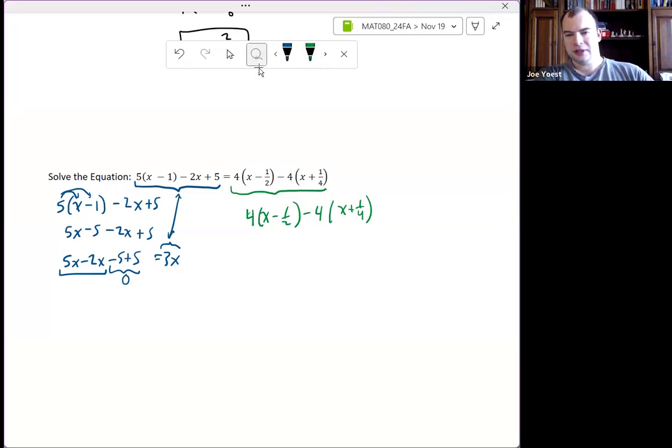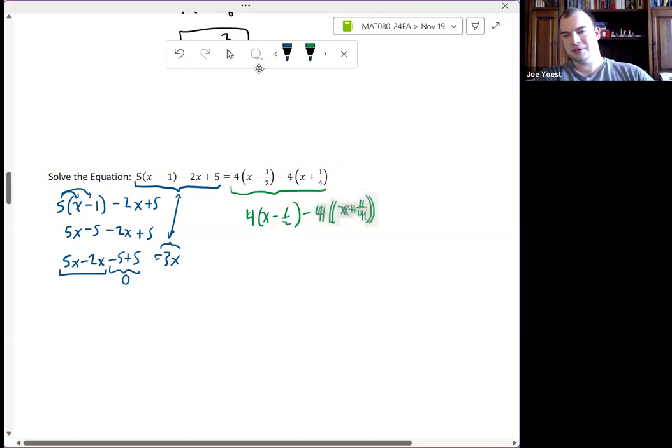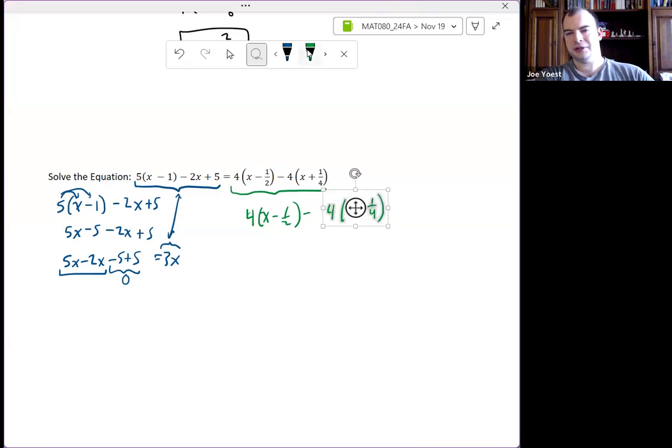And here I want to think of this minus 4 times stuff. Let me move this over a little bit, get a little extra room. I want to think of it as a plus negative 4 times that stuff. That's going to help me when I apply the distributive property. It's going to help me to remember to distribute that negative appropriately.